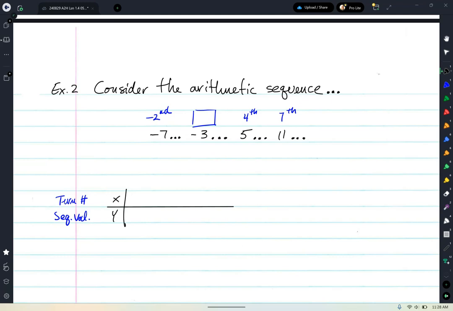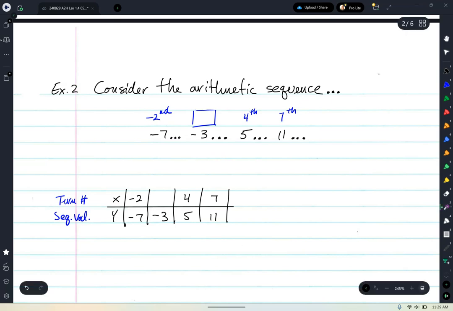I'm just going to make these as we know them. The negative second term is negative 7. The term is negative 3. The fourth term is positive 5. The seventh term is positive 11.